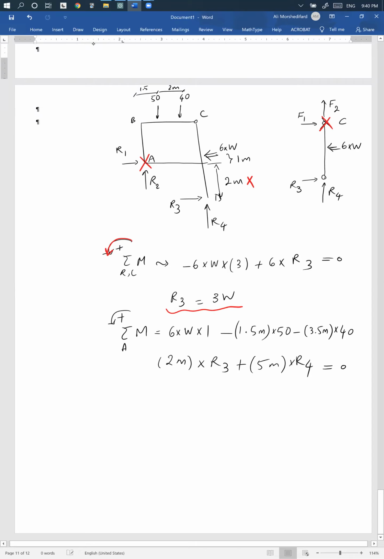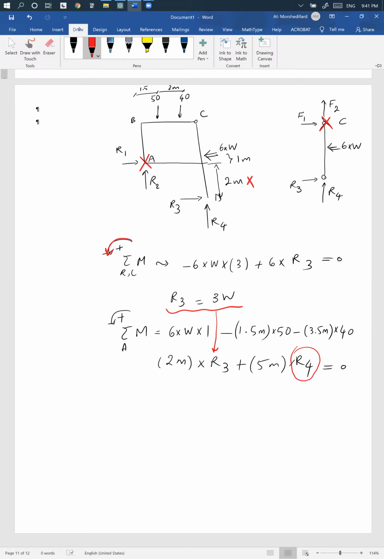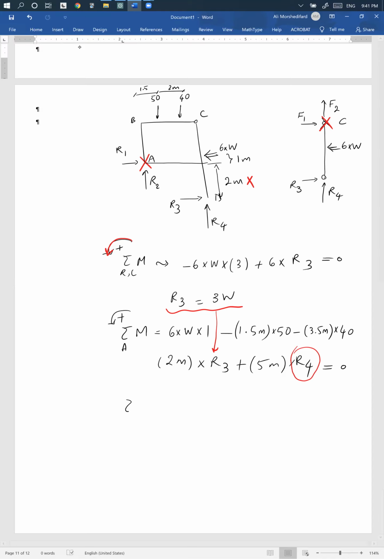So if you substitute for R3, you get R4. Right? R4. Now the rest is easy. Sigma Fx, I'm not gonna write it, because 0 gives R1. Sigma Fy equals 0 gives R2. Right?